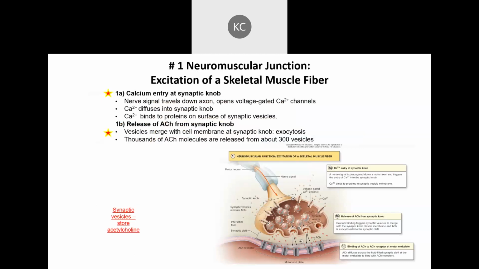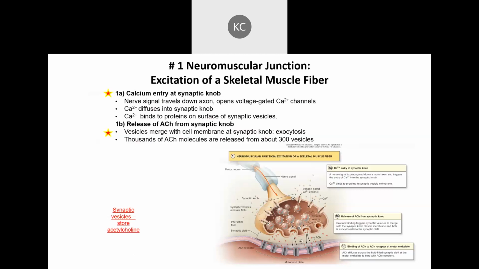So first, when you have this action potential arrive, it stimulates what are called voltage-gated calcium channels in the synaptic knob. So in this region here, it stimulates them to open. So calcium opens, and you have an influx of calcium from the extracellular fluid to the intracellular environment of the neuron, right?